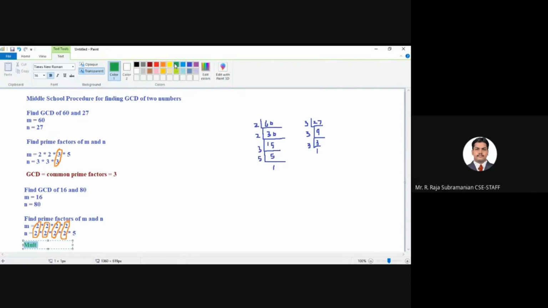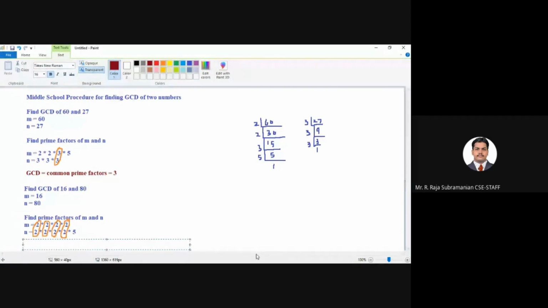Multiply the common prime factors, which will be equal to 2 into 2 into 2 into 2, which will be equal to 16. So GCD is equal to 16.